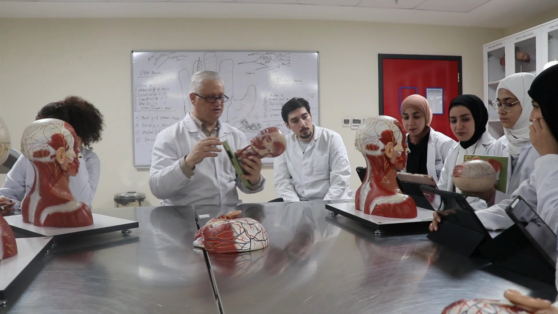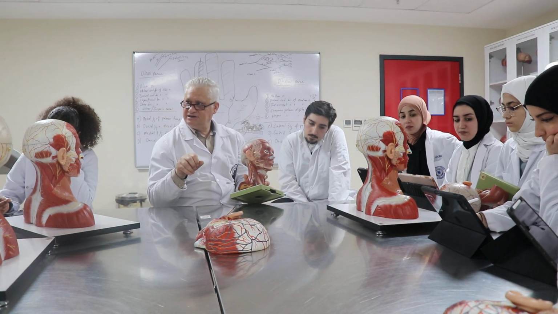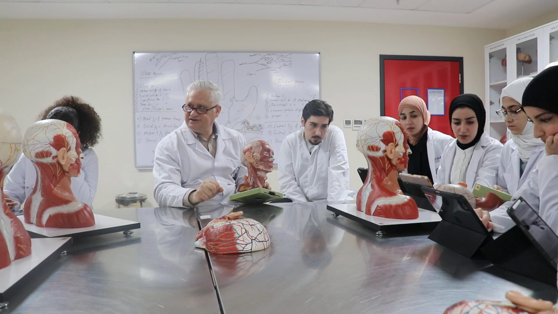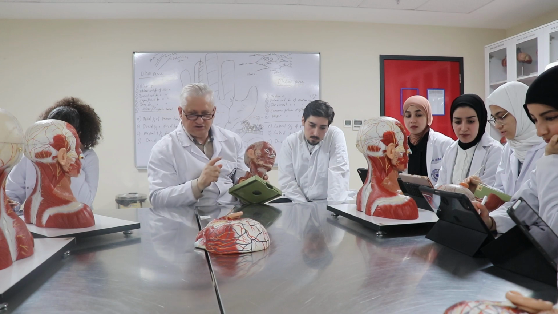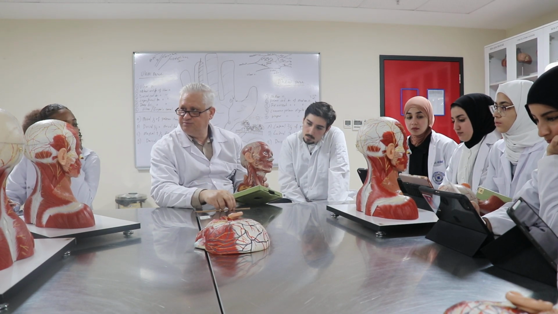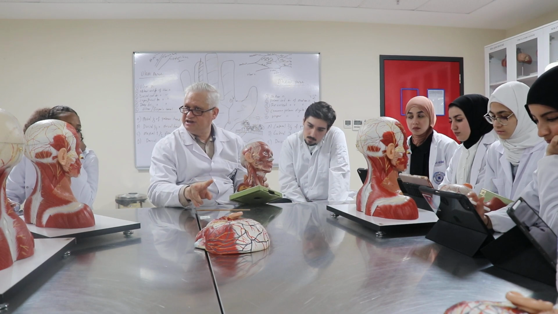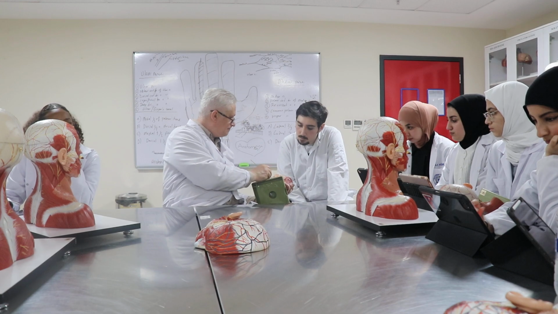Now stylohyoid, it basically bifurcates. It splits into two as it attaches to the hyoid bone. It splits into two, and the posterior belly of digastric goes through those two slips. The posterior belly of digastric goes through that bifurcation, which is over here.